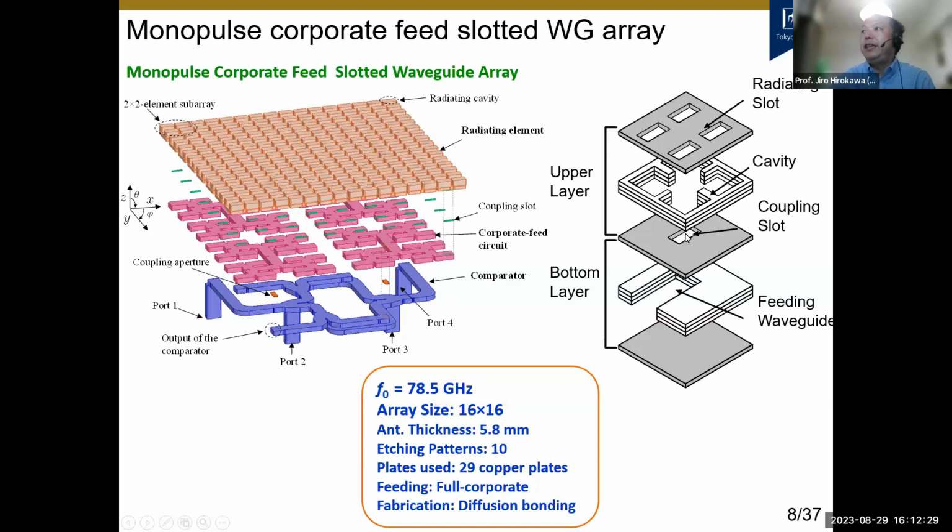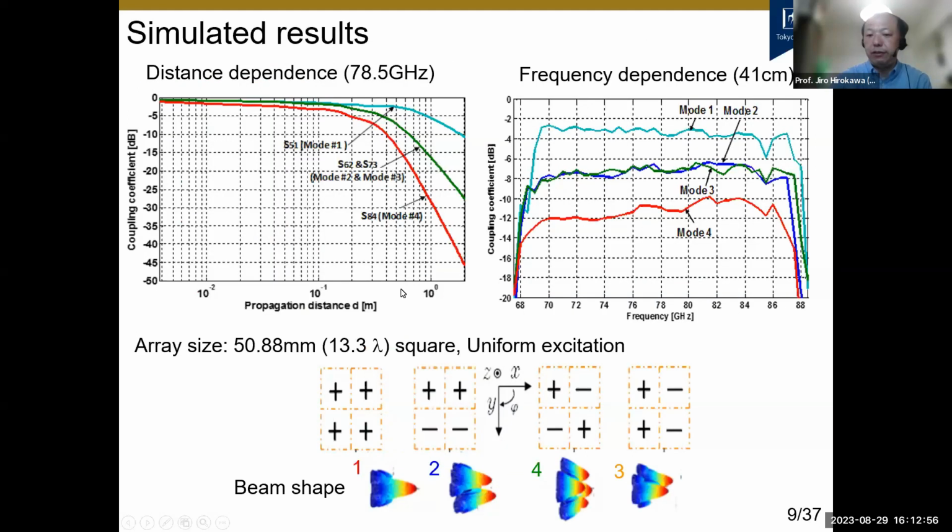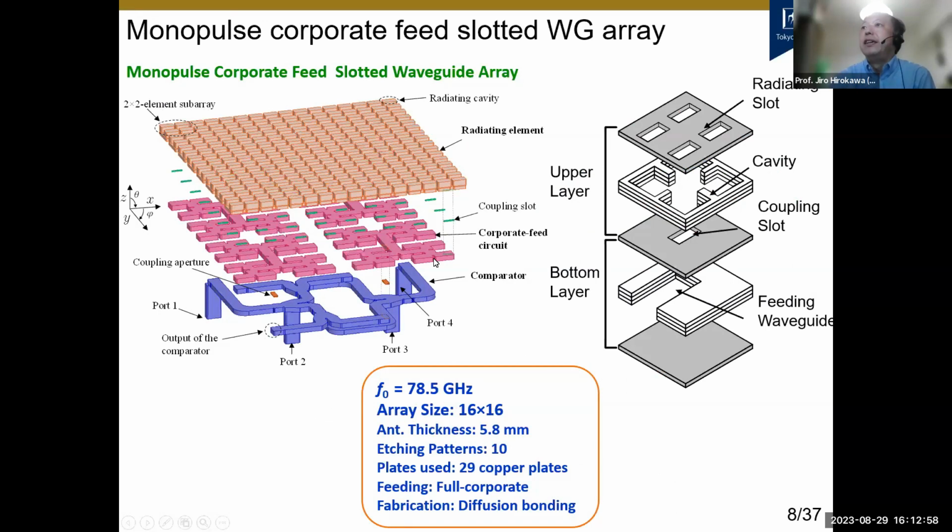This one coupling slot excites 2x2 radiating slots in equal amplitude and phase. So basically, all radiating elements are fed in phase. And later we control the amplitude and phase in the corporate feed circuits.